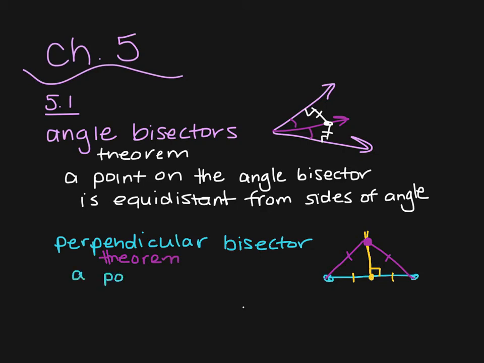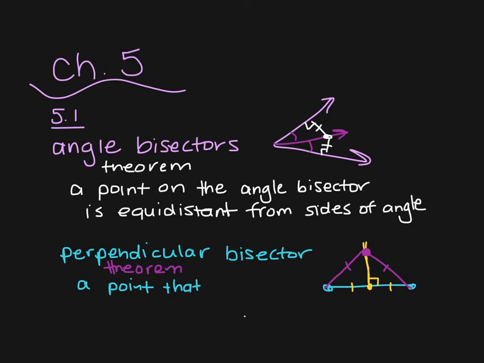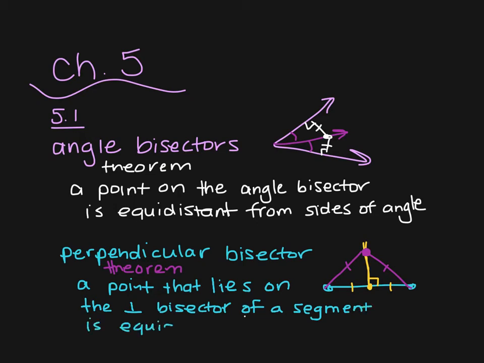So a point that lies on the perpendicular bisector of a segment is equidistant from the endpoints of that segment.